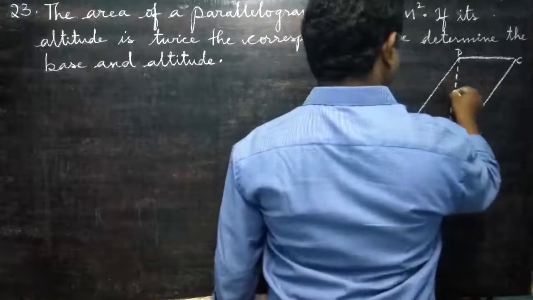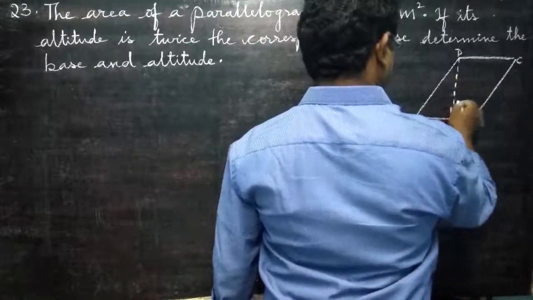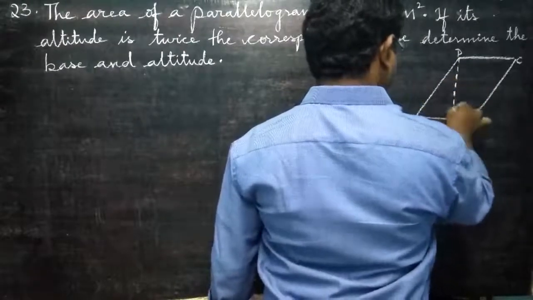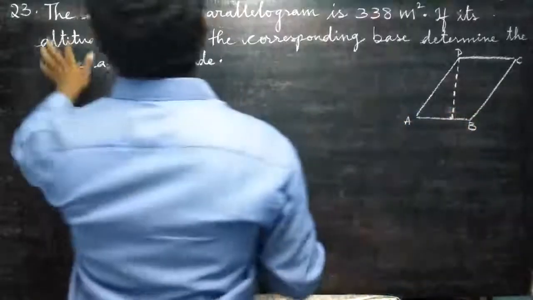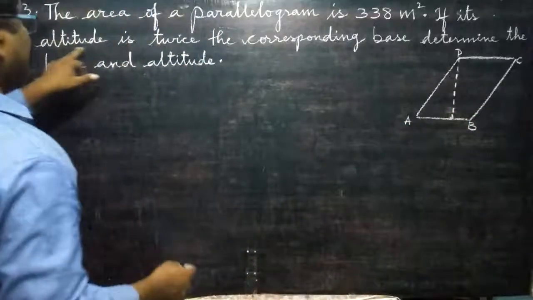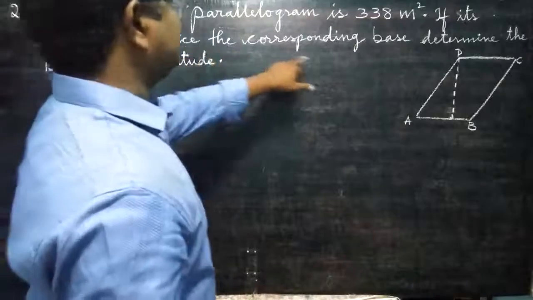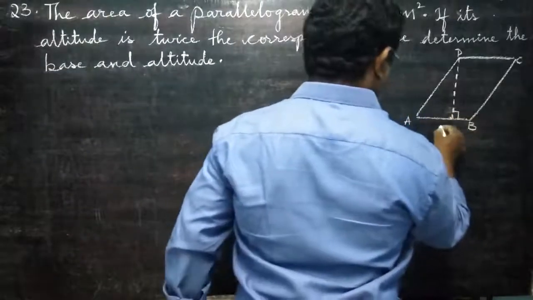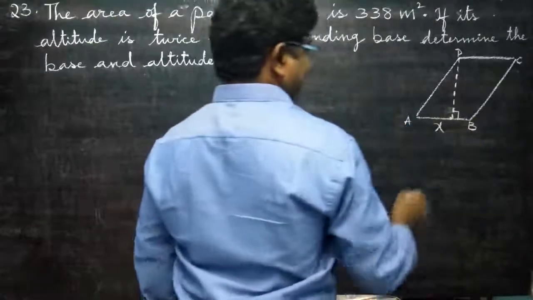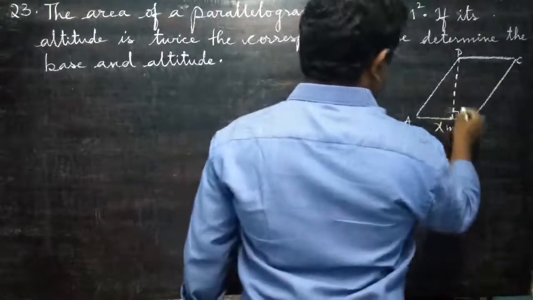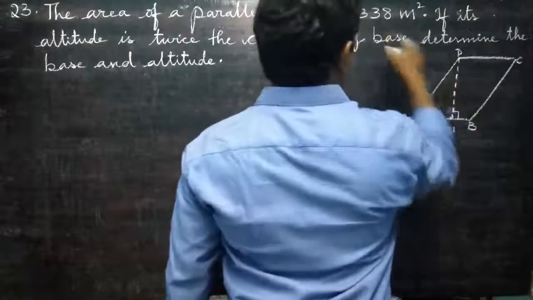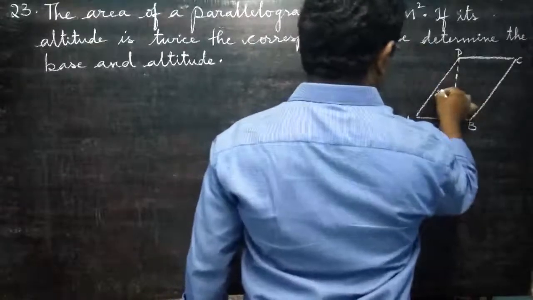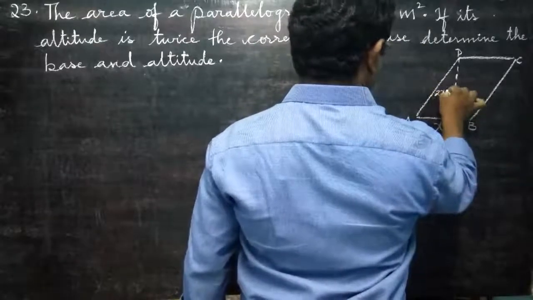They are telling altitude is twice the corresponding base. Altitude is twice the corresponding base. Suppose base is x meters. Altitude will be twice, 2x meters.